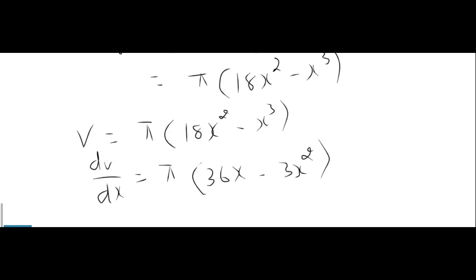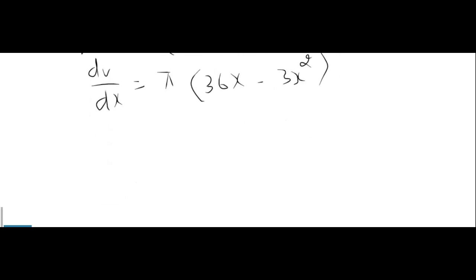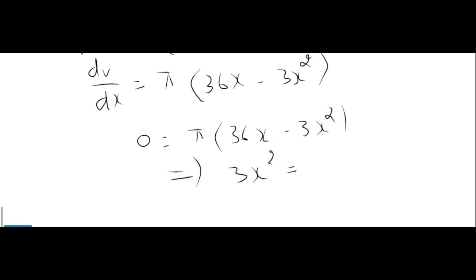So 0 is equal to pi into 36x minus 3x squared, which implies 3x squared is equal to 36x, so x is equal to 0 or x is equal to 12.